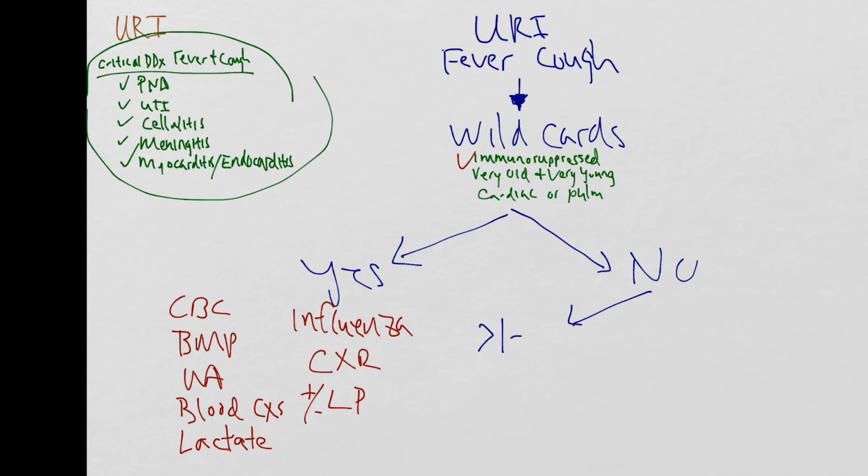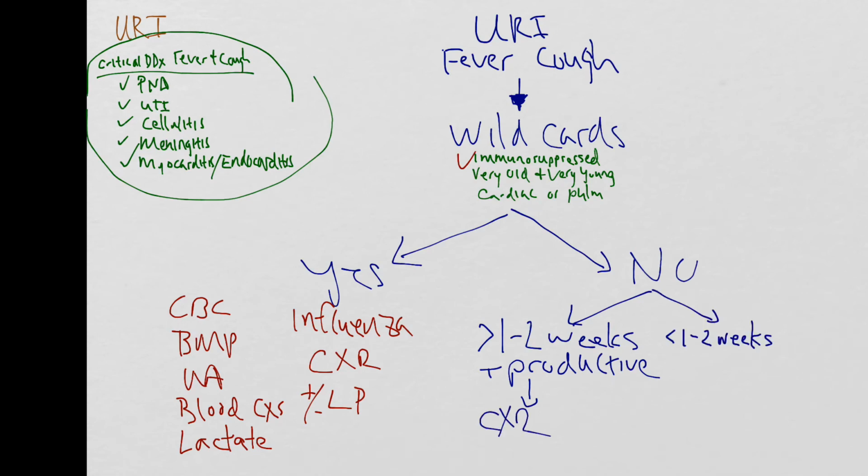And if it's greater than 1 to 2 weeks, and the cough is productive, then I'll usually get a chest x-ray to make sure that there isn't a pneumonia. If it's been less than 1 to 2 weeks, I would just discharge the patient home with symptomatic management and not do a chest x-ray.